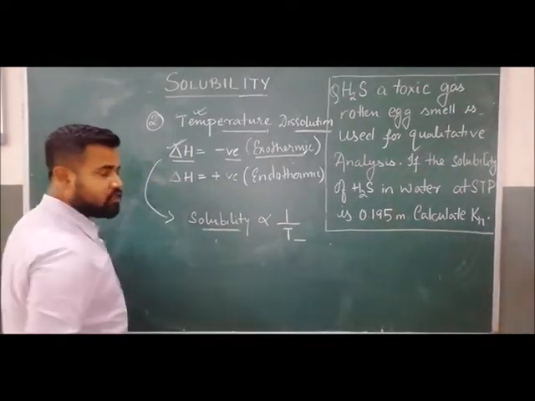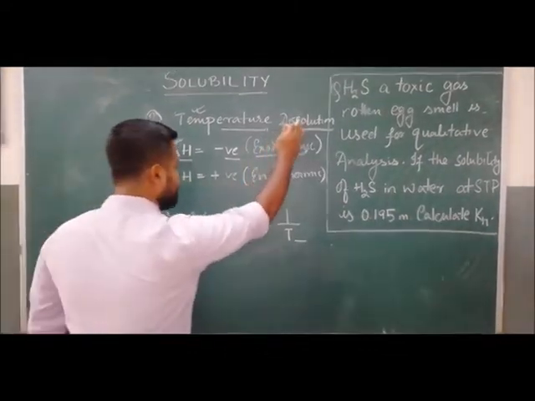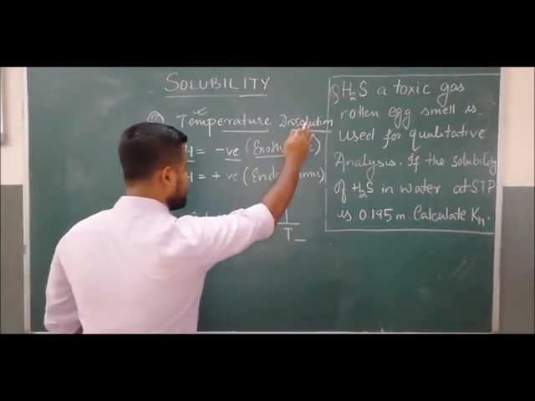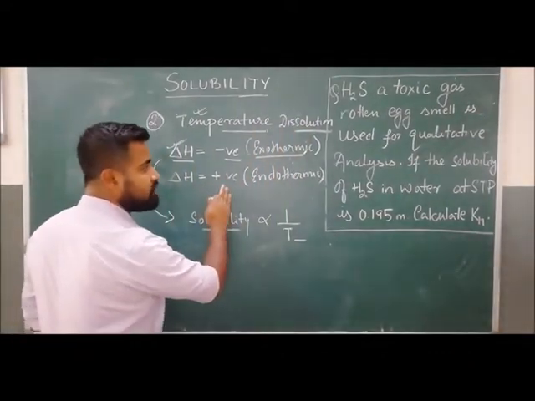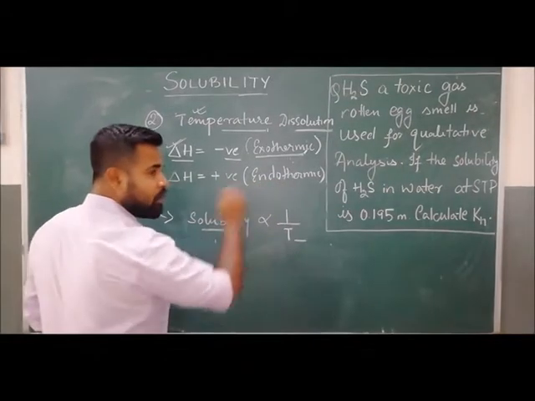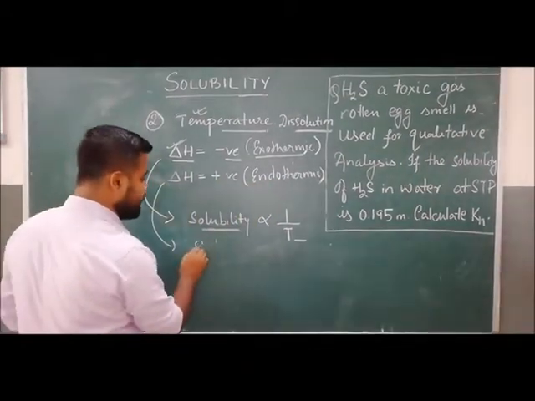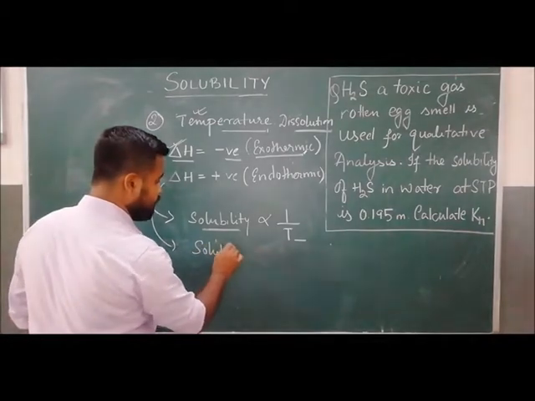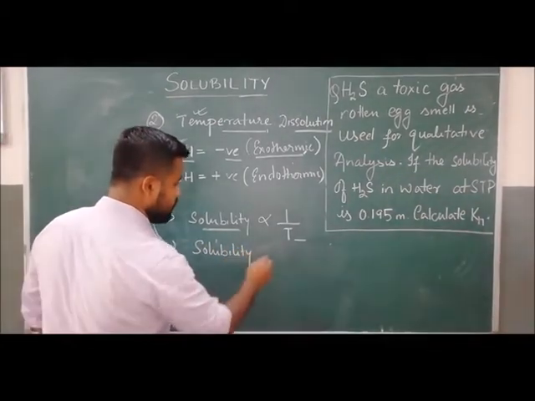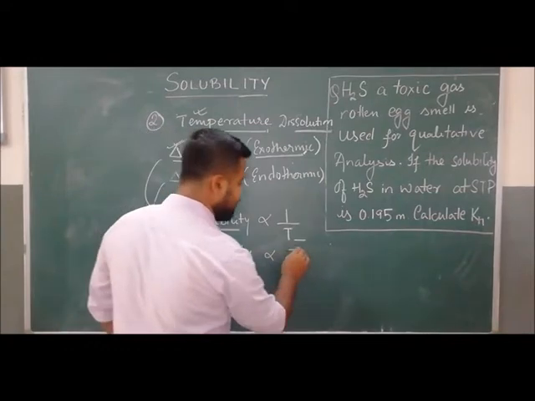Similarly, when delta H is positive during the dissolution process, meaning the change in enthalpy is positive, then it is an endothermic process. In this case, the solubility is directly proportional to the temperature.